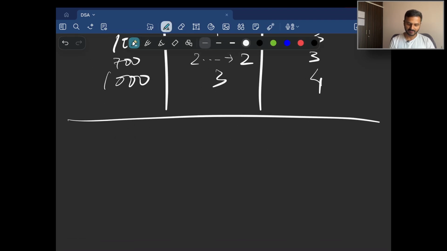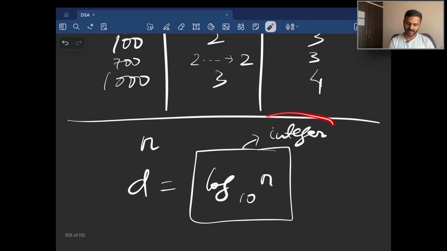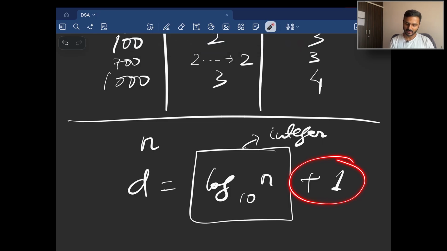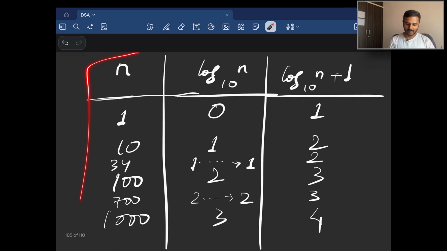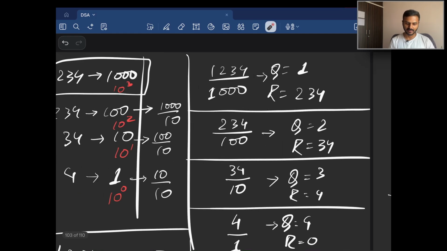We know that if we have a number, say n, and if we want to find the number of digits in that number, say d, we can go for log n base 10. And from this, we have to take only the integer part, right? We will get to how in a moment, but we will have to take just the integer part and then add 1 to it. This will give us the number of digits in the given number, right? So either this or this can tell us the number of digits in the given number.